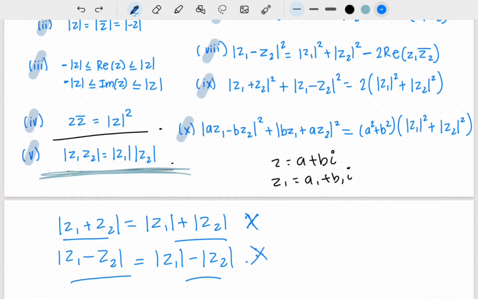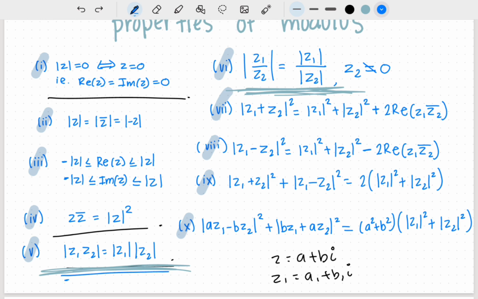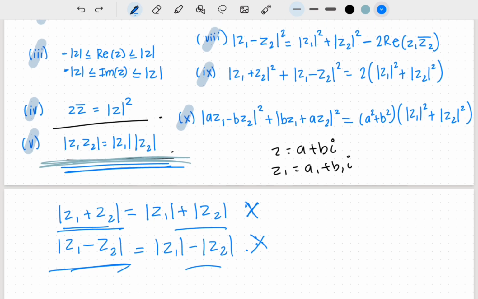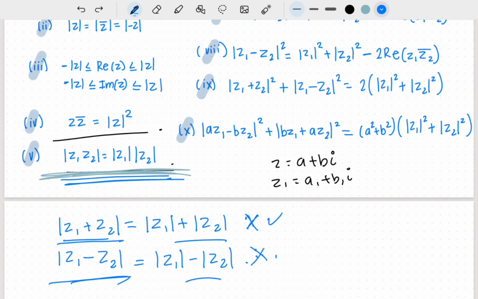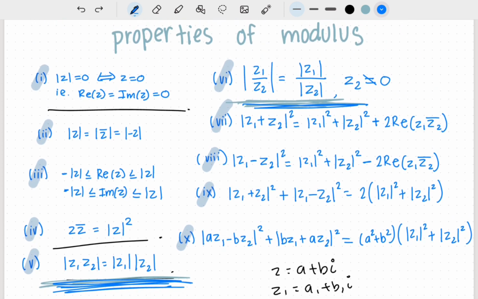So it is very crucial to remember that the properties of modulus of this type only apply to multiplication and division, not to addition or subtraction. Conjugates are a different thing, because for conjugates this would be true, but that's only for conjugates. In addition, conjugates also have this property and this property.